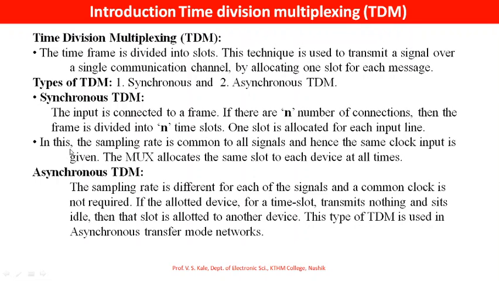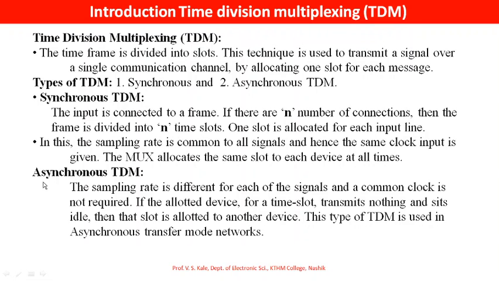In this, the sampling rate is common to all signals, and hence the same clock input is given. The mux allocates the same slot to each device at all times. This is about synchronous time division multiplexing.